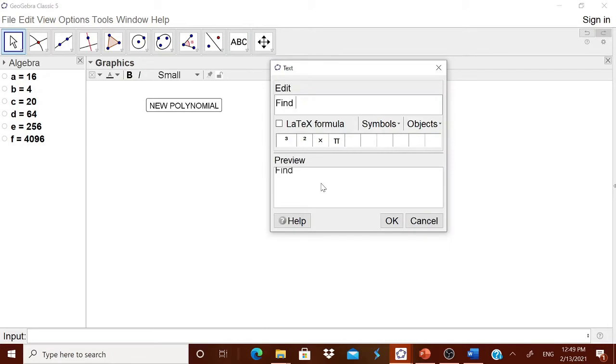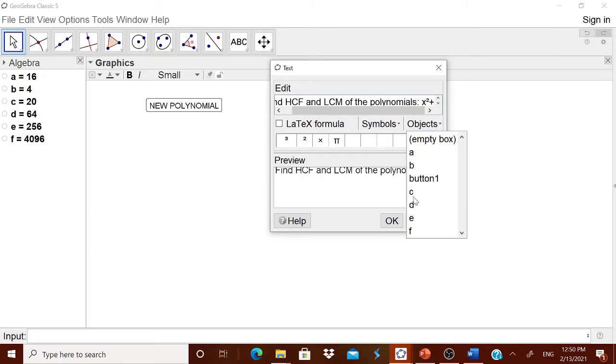Now let us try to ask the question to the children. Find HCF and LCM of the polynomials. First polynomial is x square plus cx plus d, because I want to split the middle term.